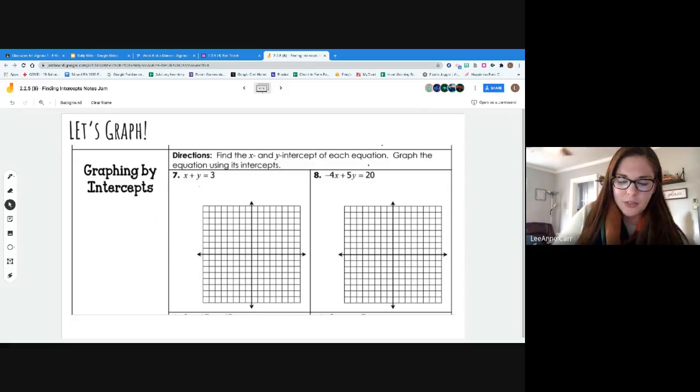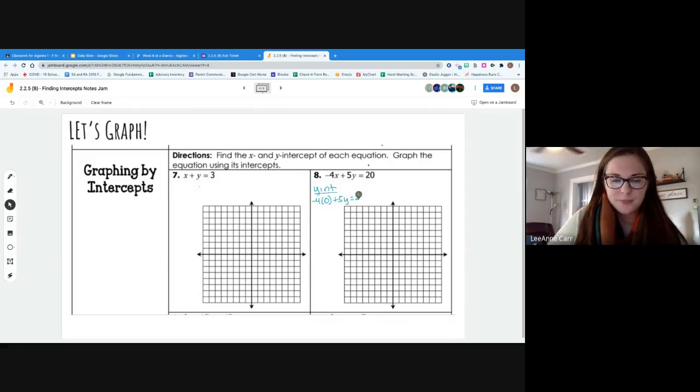Right, so I'm going to solve this pretty quickly because I know you guys are getting sick of it. If I go too fast, though, tell me to slow down. I'm just going to pick my y-intercept. We know that we have to plug in a 0 for x, so I'm going to do -4 times 0 plus 5y equals 20. And remember, anything times 0 is just 0, so this really goes away.